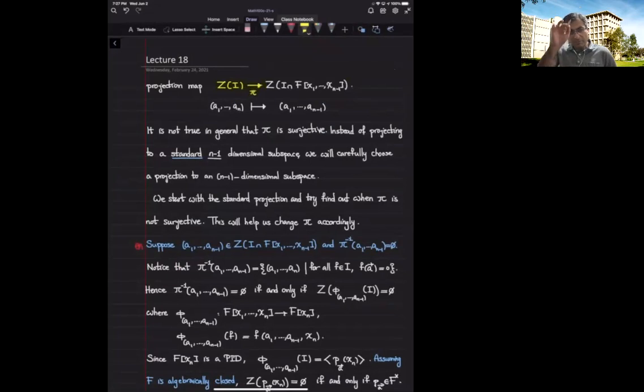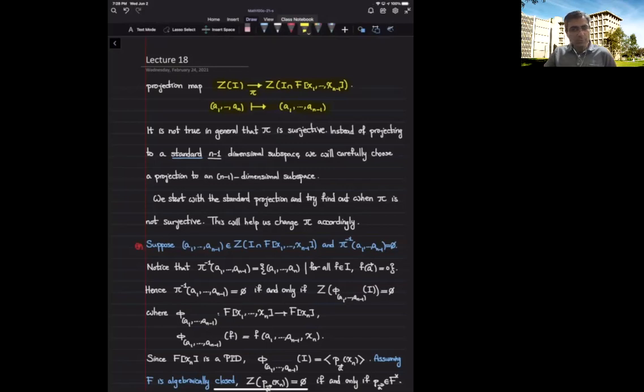We forget about the last component and project it only to the first n minus 1 components, and definitely whatever we end up getting is a common zero of polynomials that are inside I but do not have x_n in them. Because I started with zeros of I, definitely those elements are zeros of this. So when I project them to the first n minus 1 entries, then I will go from Z(I) to Z(I intersected with F[x_1, ..., x_{n-1}]).